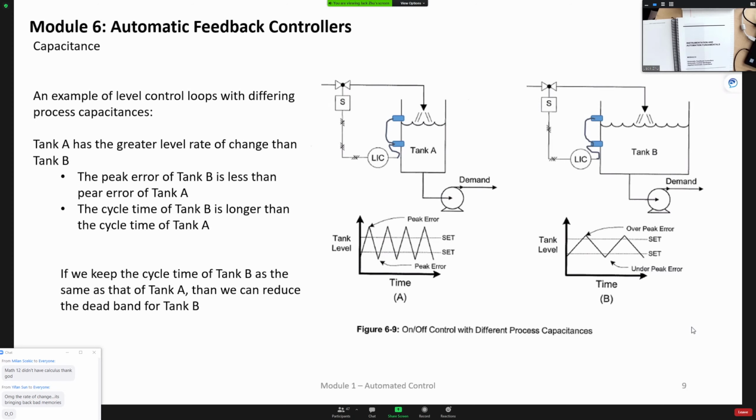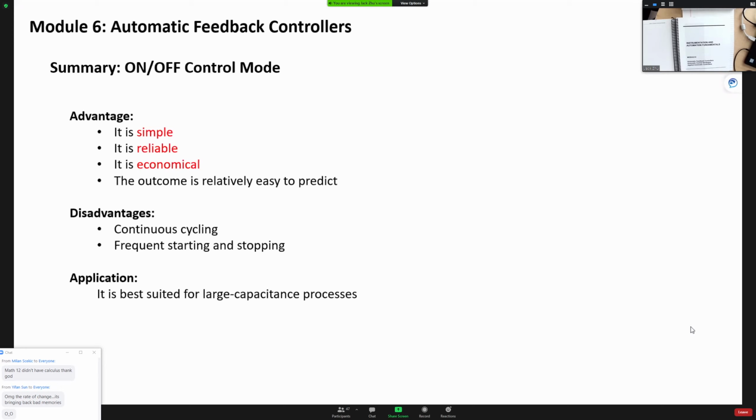That's just a comparison down here for the advantages and the disadvantages of on-off control. So the on-off control method is simple, it's reliable, it's economical. So that's the advantage of it.